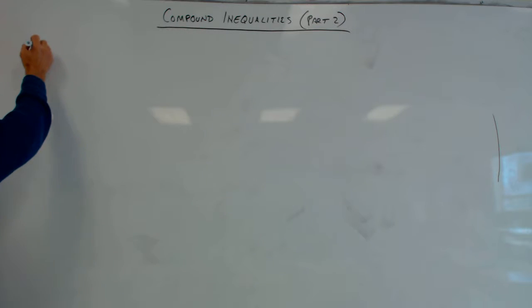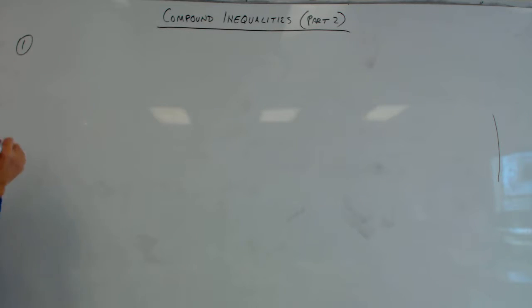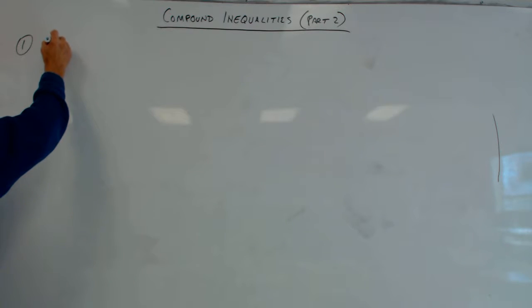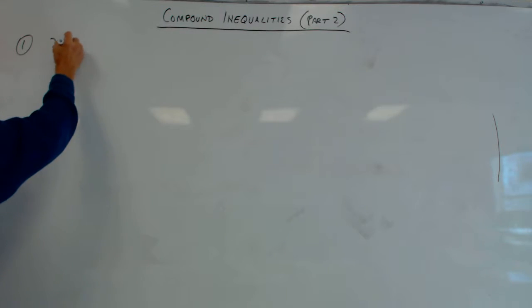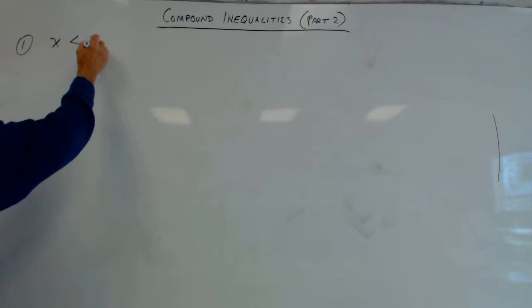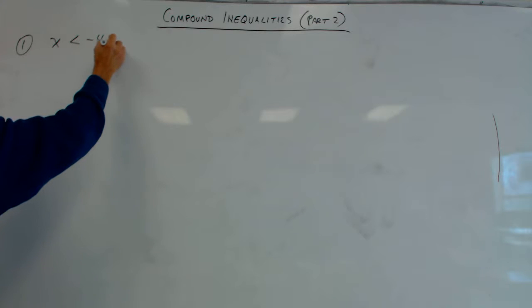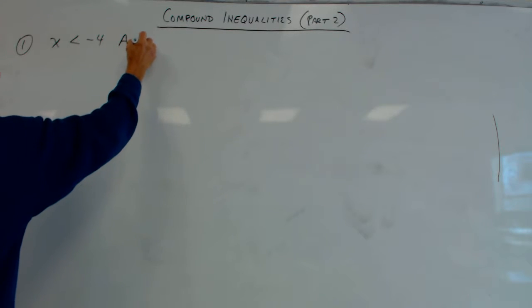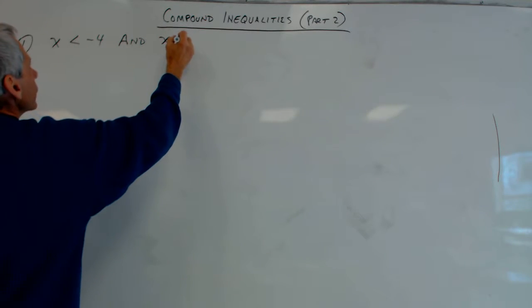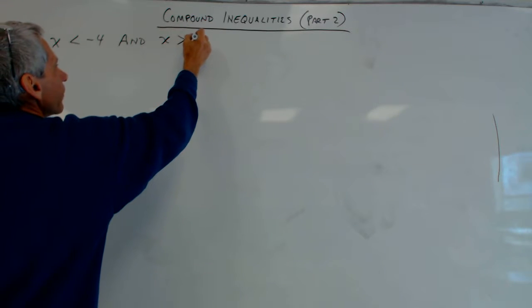Okay, so here's our first one. Let's say we have x is less than negative 4 and x is greater than 5.